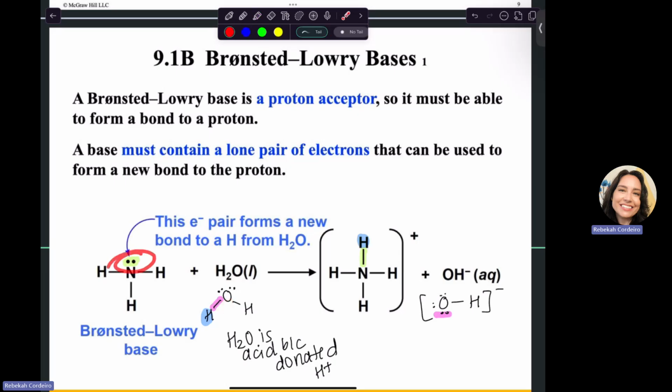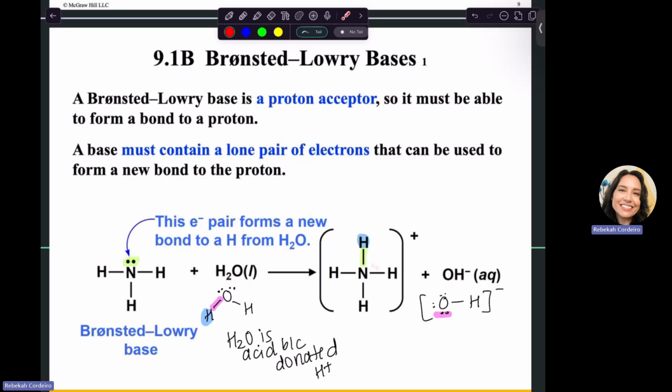But you've got to have a lone pair. So like, could NH4 take another H? No, it doesn't have another pair of dots. So you have to have a pair of dots that can reach out and grab an H if you're going to be a base. And so if you're considering whether this thing can be a base or not, if it doesn't have a lone pair, it can't be a base.